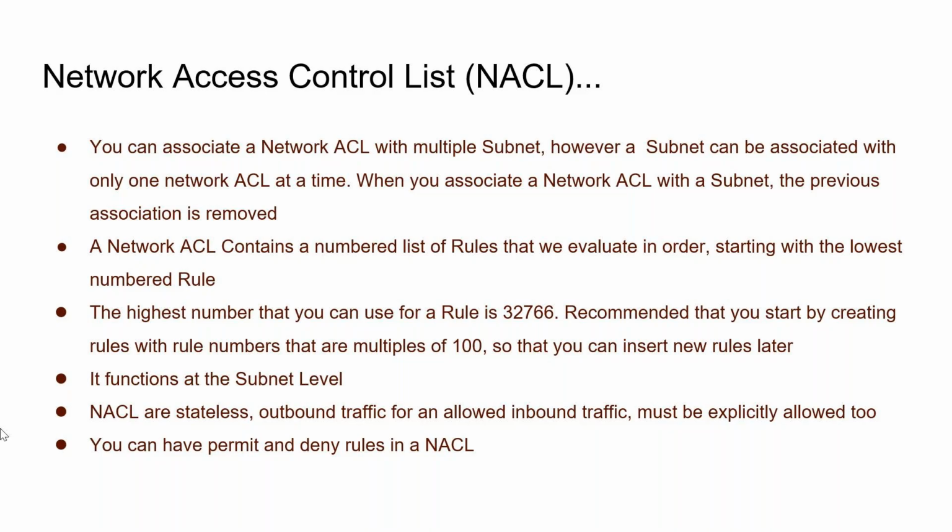Otherwise, what happens if you don't do it like that? If you create rules as 100, 101, 102 like that, and then suddenly you want another rule which you want to give more priority, so that it runs after rule 100, then 101 is already there, so you have to edit.